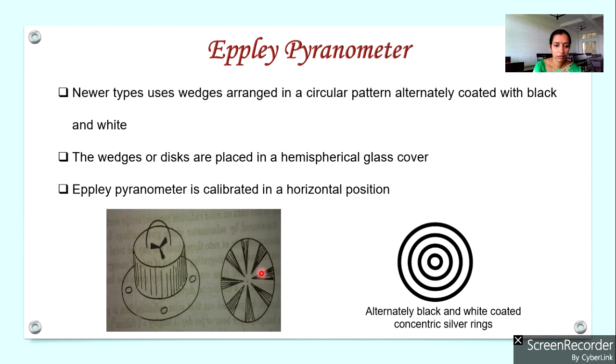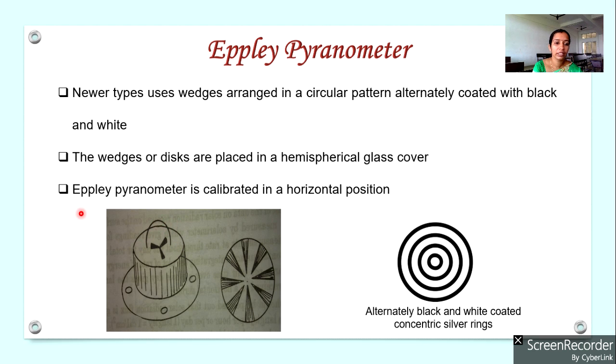Okay. So this is how you can simply draw the diagram of a pyranometer. There will be a hemispherical glass covering also. So this wedge shaped sensor or these concentric silver rings will be placed inside a hemispherical glass cover.